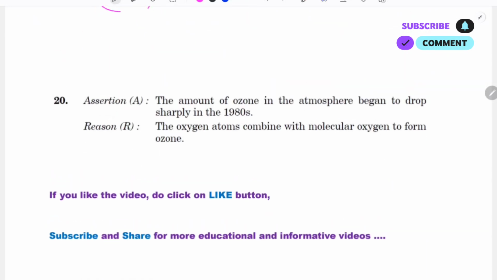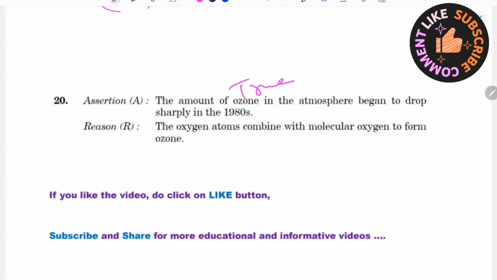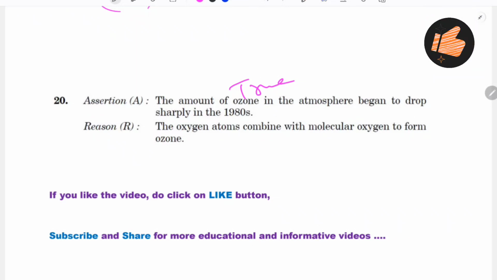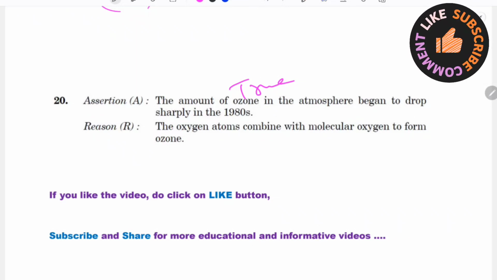Now the last question, question number 20. The amount of ozone in the atmosphere began to drop sharply in the 1980s. This is a case study actually discussed here. So this is true. Whereas, the oxygen atoms combine with molecular oxygen to form ozone.